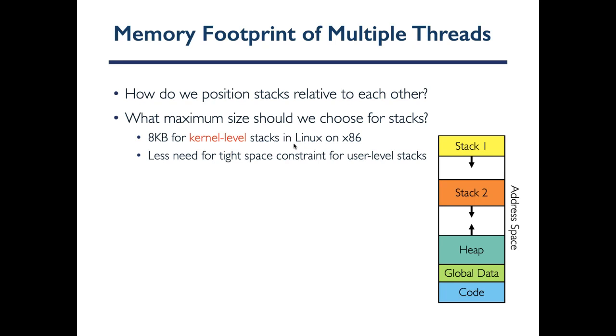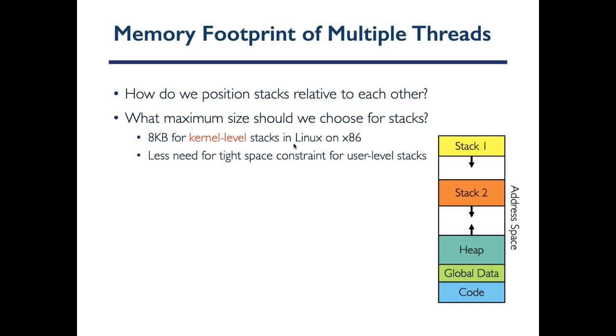With user level threads, it's a little bit less constrained, if you wish, because if you remember, the address space that we're talking about is a virtual address space. And if you go back and see how much memory we have in a 64-bit system, you see that we have a ton of memory.